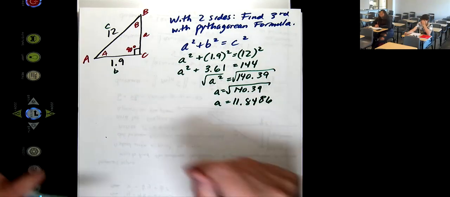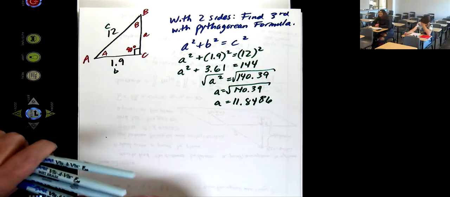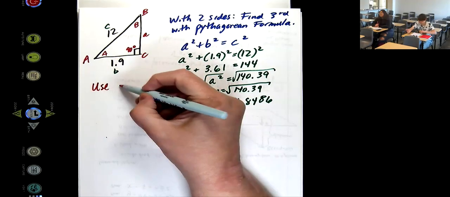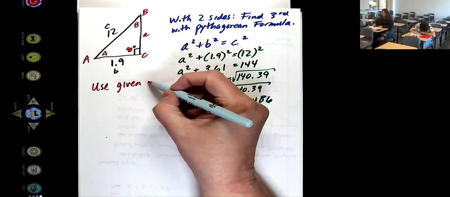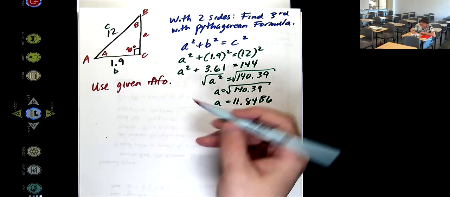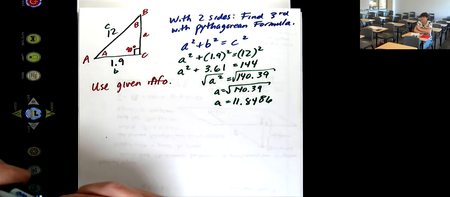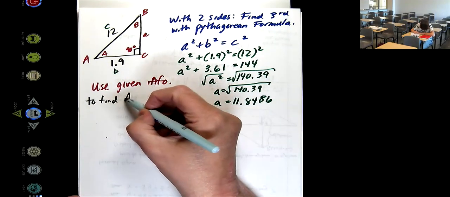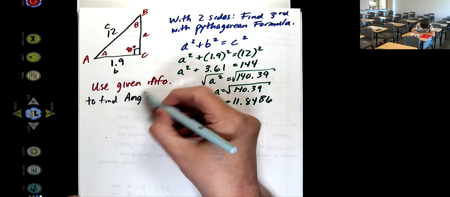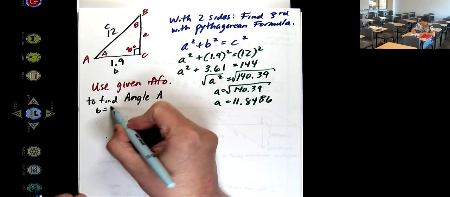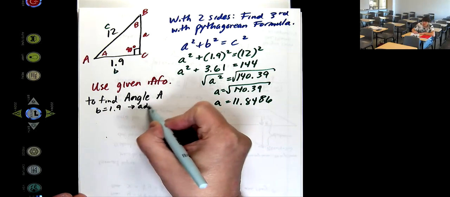All right, so now I want to find angle A and angle B, and I want to use the information that was given. Use given info. So if I want to find angle A, B equals 1.9 is adjacent.